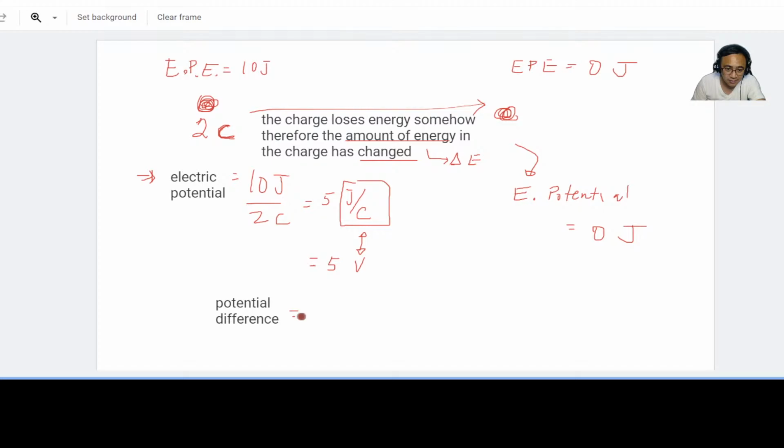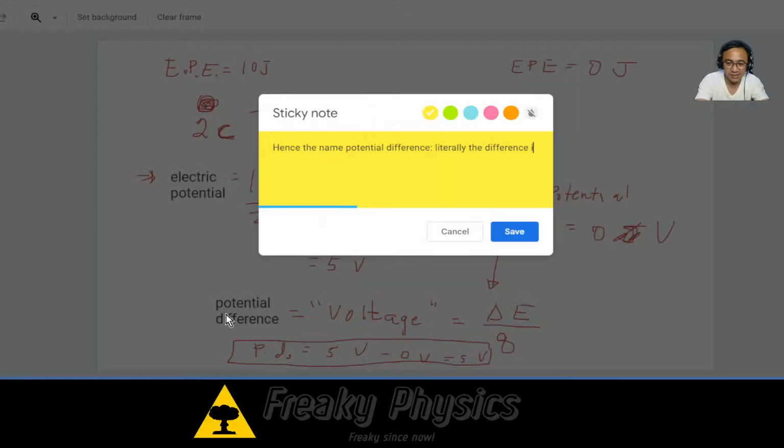I'm just going to say voltage in quotes for now. The voltage or the potential difference is therefore equal to this change in energy divided by the charge. So in our case, the voltage or potential difference is equal to 5 volts minus 0 volts, and that's going to give us 5 volts. Sorry, this should be volts. I forgot that. 5 volts, in electrical potentials.